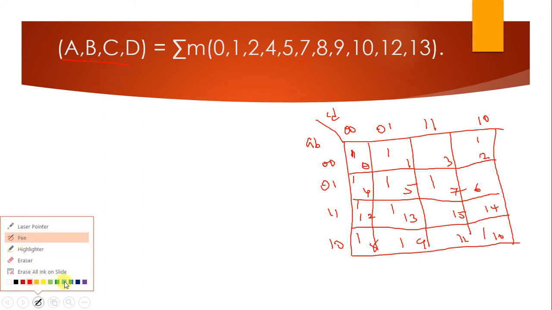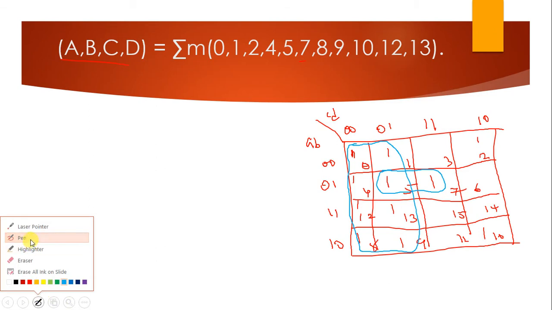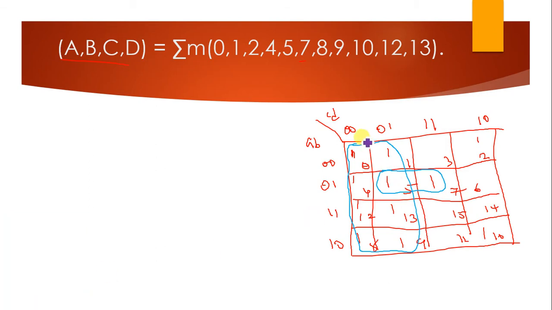First group is this thing, it's called an octet or a double quad. Second group is this thing. Third group is the corner group, right? This one and this one, this one and this one. This is the last group.